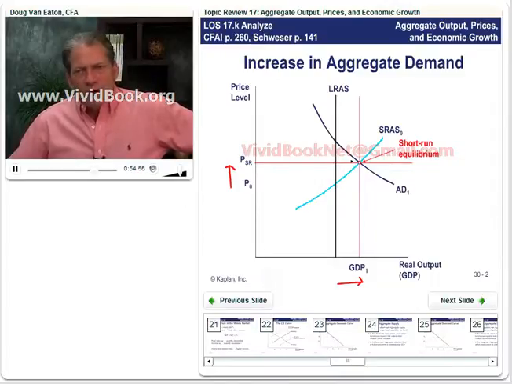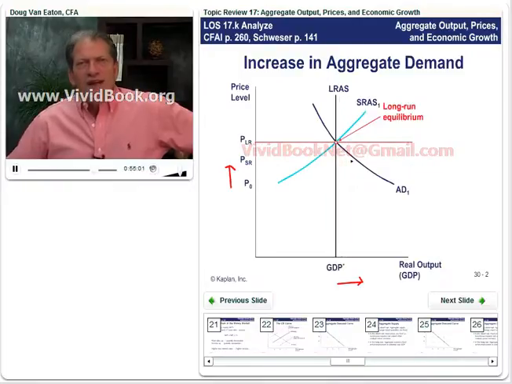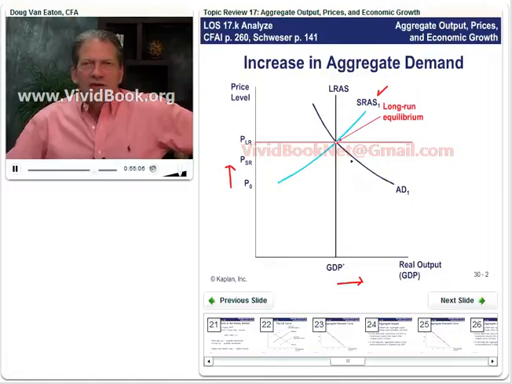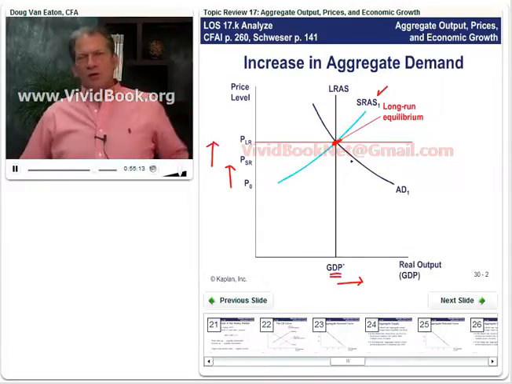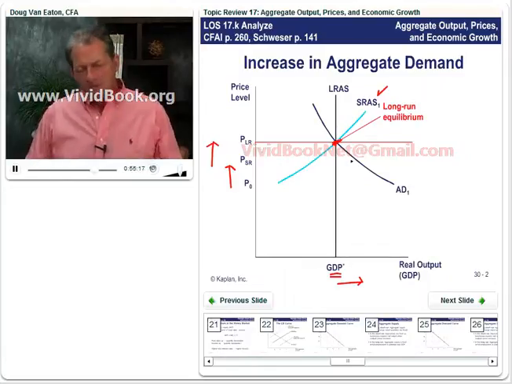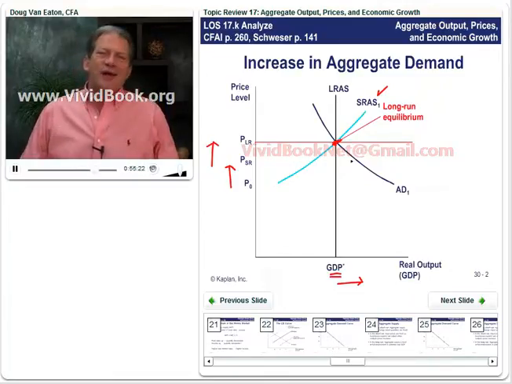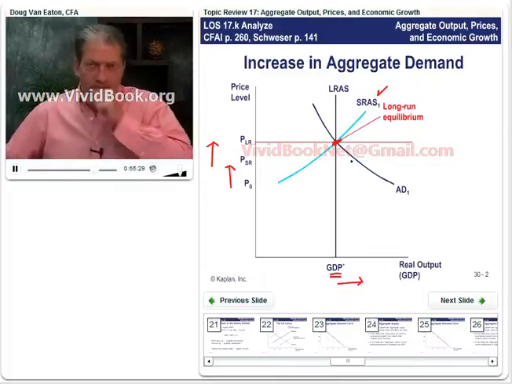When input prices rise because of competition for inputs at over full employment, it shifts this short-run aggregate supply curve to the left. We get a new equilibrium. Prices went up again, but what was the effect on real output in the long run? In the long run, no effect on real output of increasing aggregate demand when it's already at long-run equilibrium on the long-run aggregate supply curve.